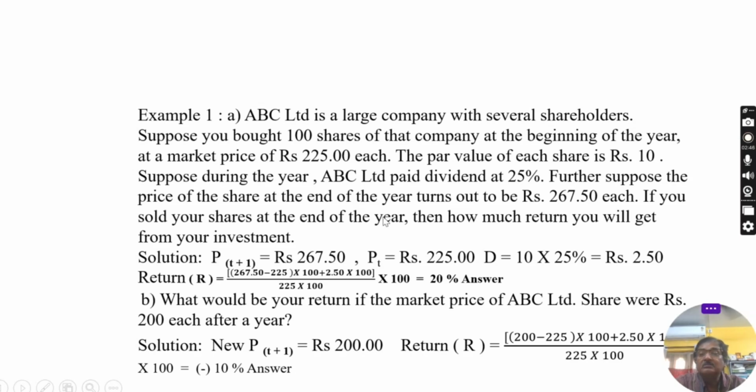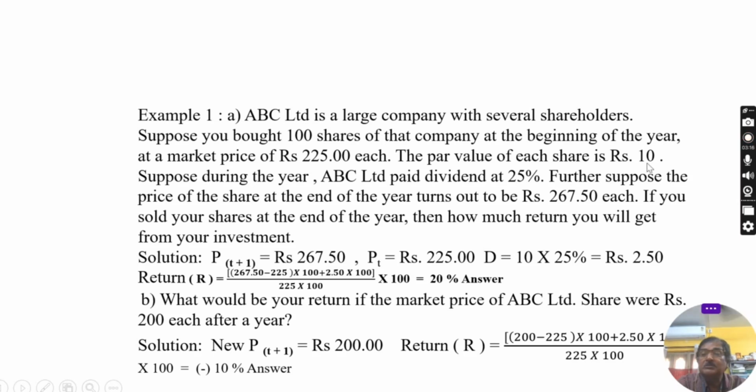After 1 year, that means at the end of the year, I have sold my shares. The sale price per share is 267.50. This is the sale price per unit of share.